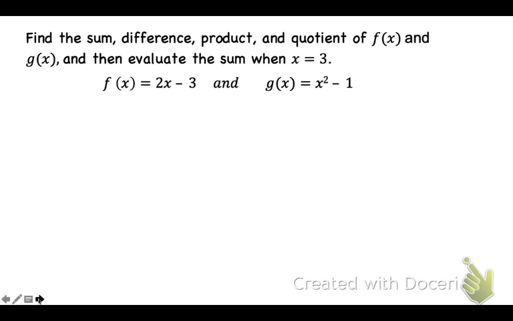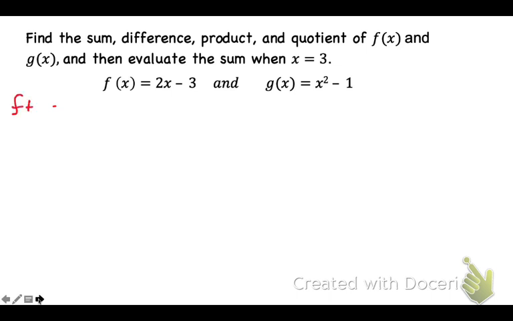We're going to add, subtract, multiply, divide f and g, and then at the end, we're going to plug that into the sum. If you don't want to work with me, do it on your own.